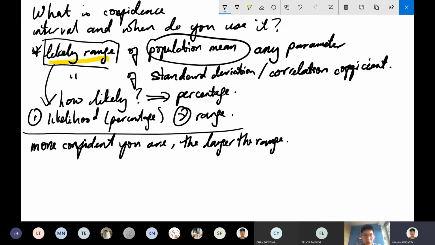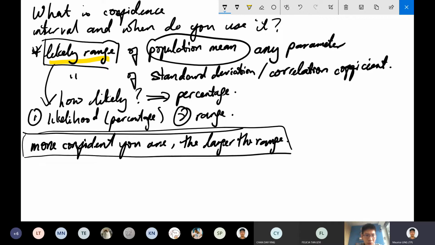This is always what will happen. But can we be too confident? Yes. When we are too confident, it means the range is so large that it's quite useless for us.